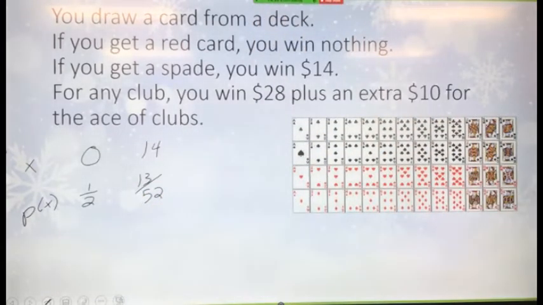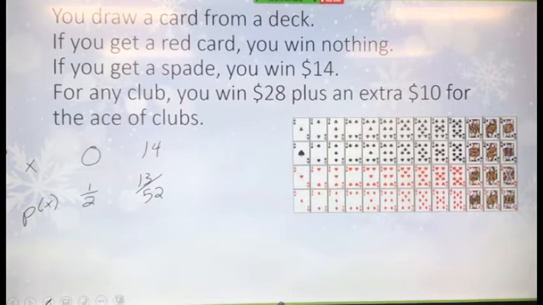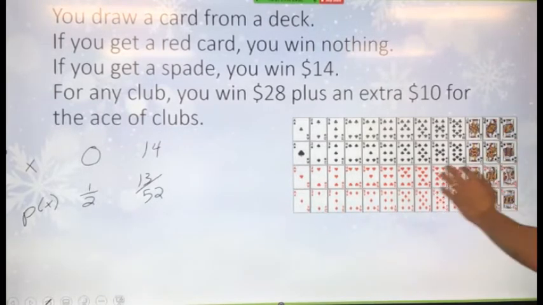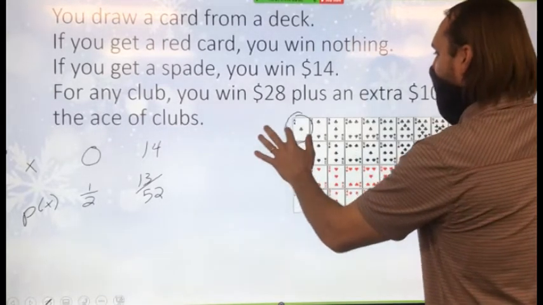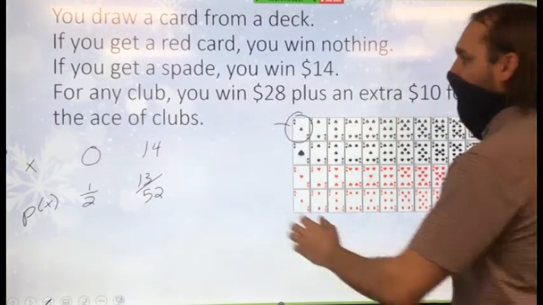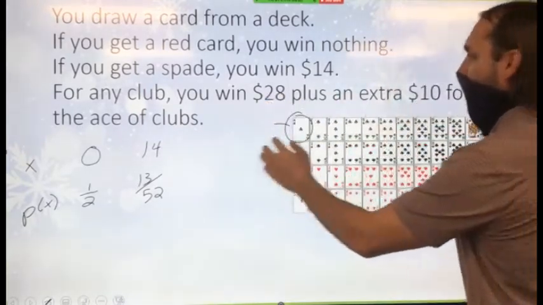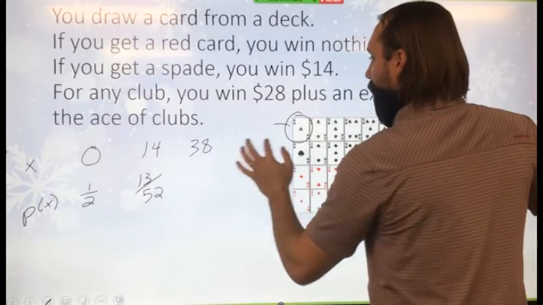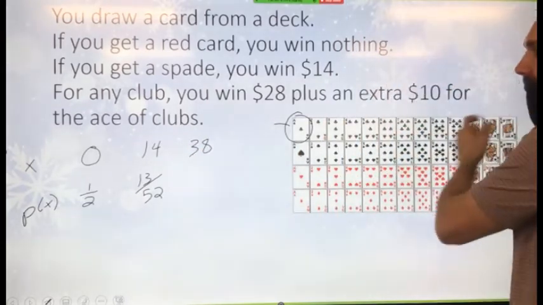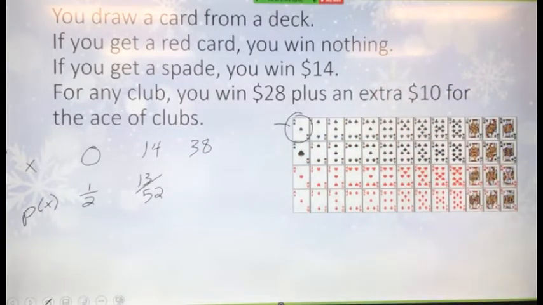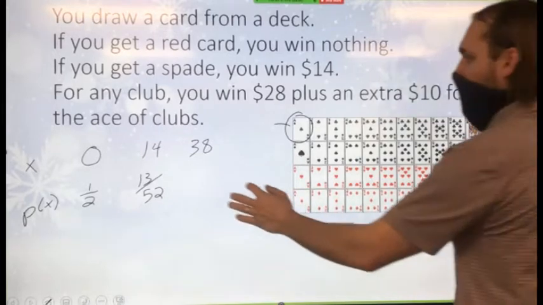For any club, you win 28 and an extra 10 for the ace of clubs. Ace of clubs is going to give me an extra 10. So that is 28 plus 10, that's $38. What are my chances of getting just that one card? 1 out of 52.